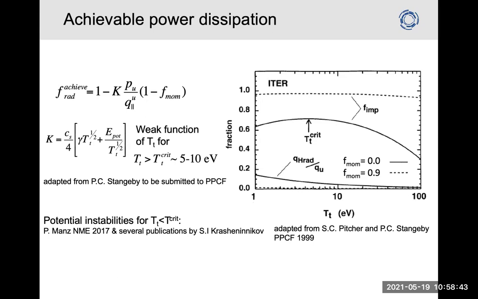Now you can ask the other question, you can go to the physicists and ask, okay, what is the radiation? Do we know anything about how much radiation we can actually achieve? Is there any model or equation that we can apply to estimate the achievable radiative fraction? Can we look at it from this perspective? Can we check if these two numbers are compatible? Can we learn anything about the achievable radiation?